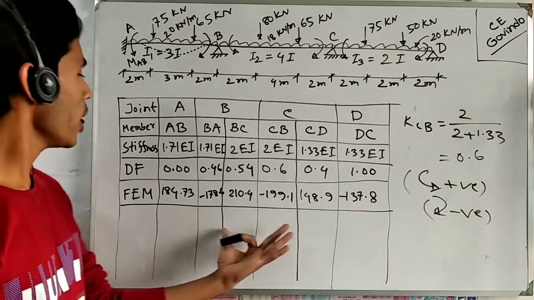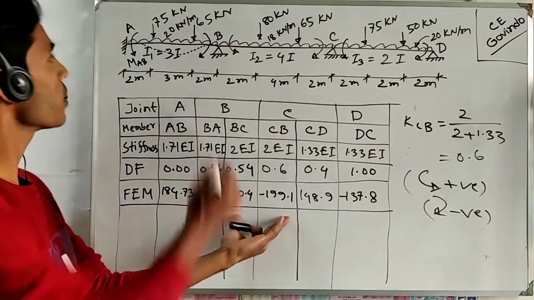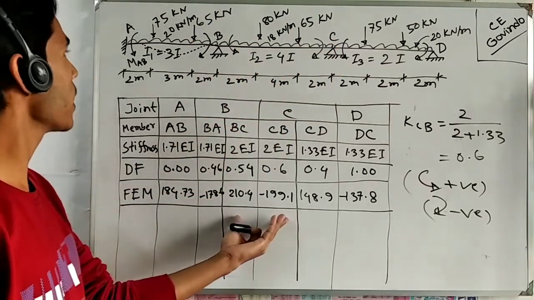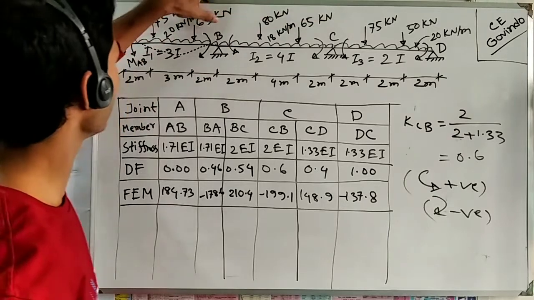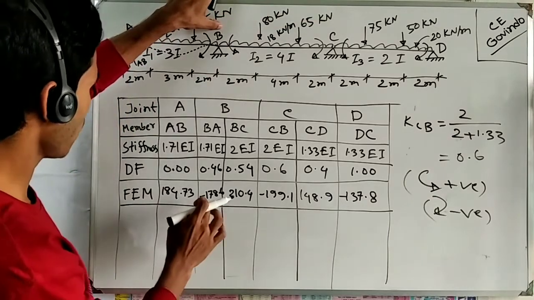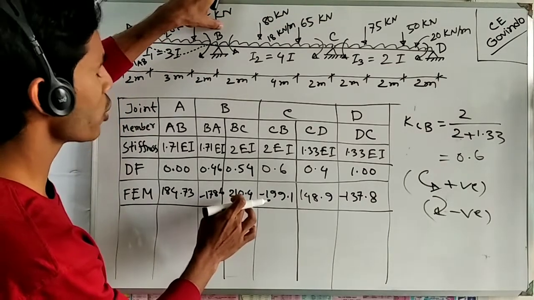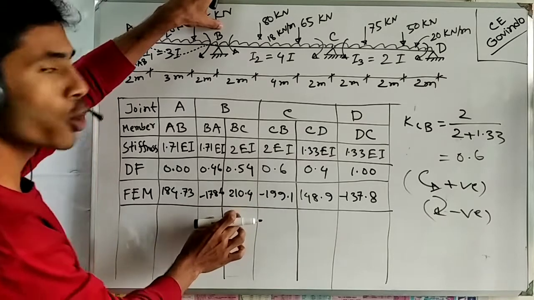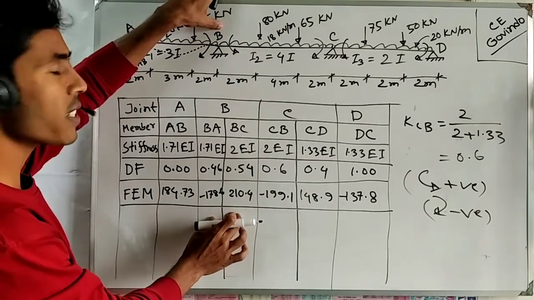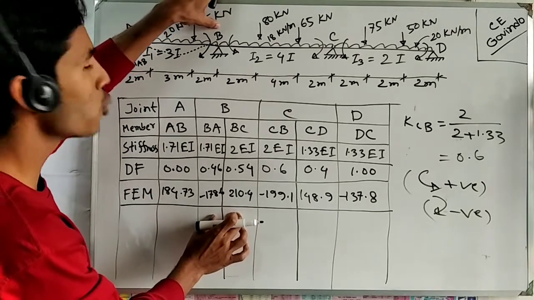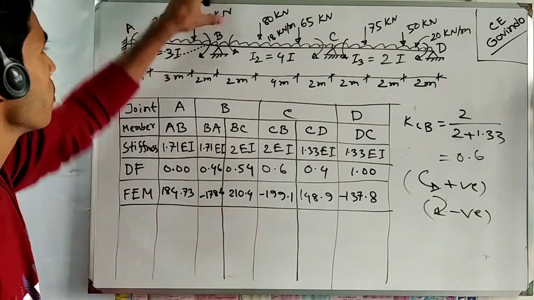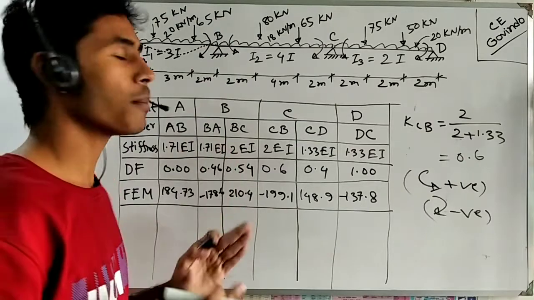Anyway, we have got these moments considering fixed support at all the points, and at the same time we can see that at joint B and at joint C we have some unbalanced moment, minus 178.6 plus 210.4. At a hinge support these two moments should be equal and opposite in sign, because the summation should be 0, as there should not be any unbalanced moment.